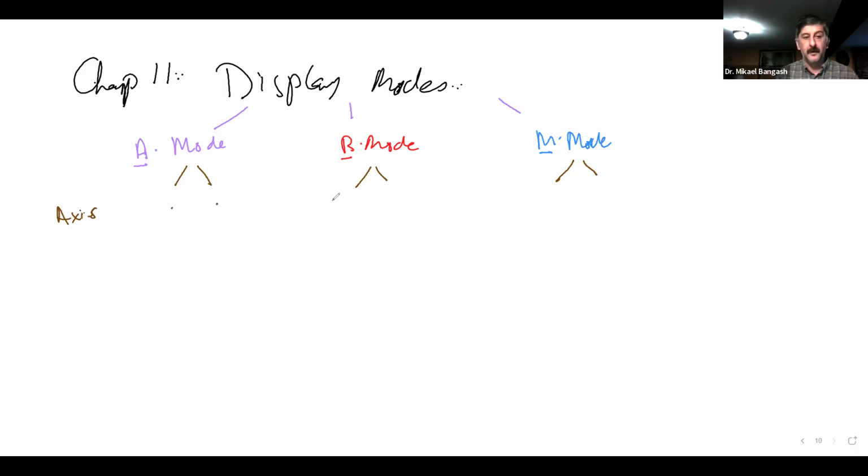So we have to remember which axes we were using and what each of these axes represents. And then some general info about each of these display modes, if that's what you want to call it.